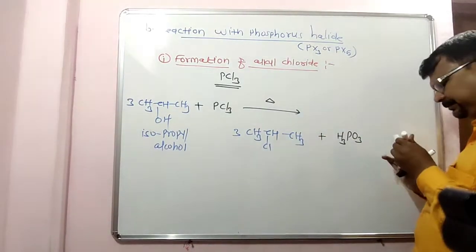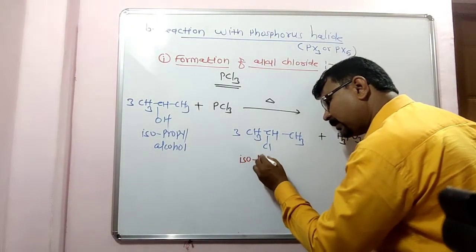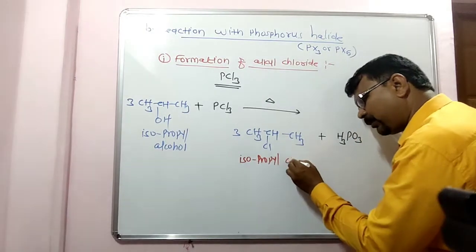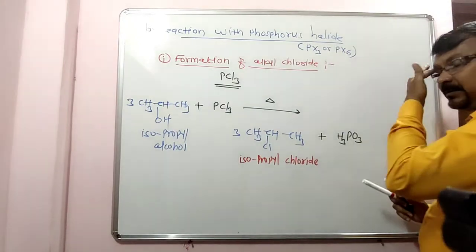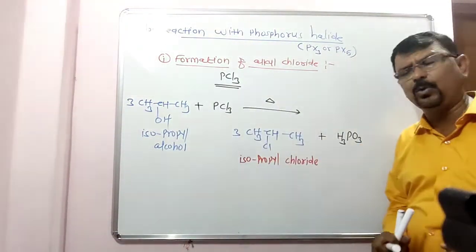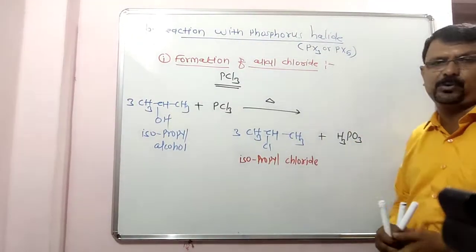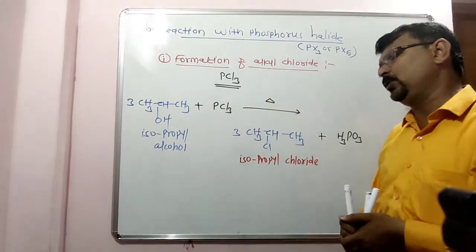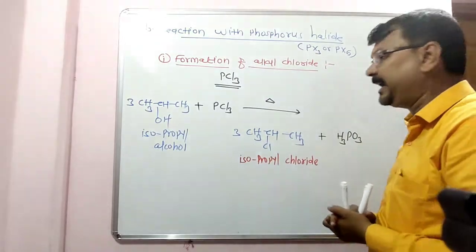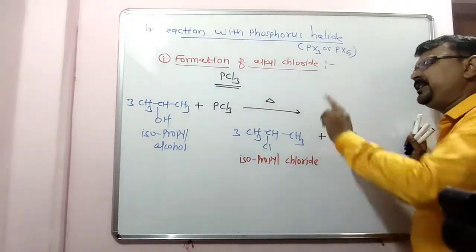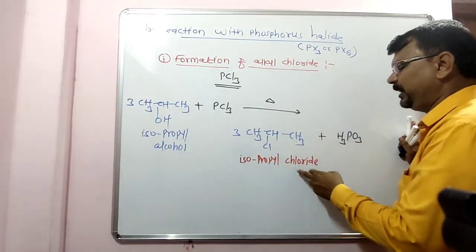Name of the compound? Isopropyl chloride. Repeat: when isopropyl alcohol is heated with phosphorus trichloride, it gives isopropyl chloride. Simple. What is the action of phosphorus trichloride on isopropyl alcohol? Answer: it gives isopropyl chloride.